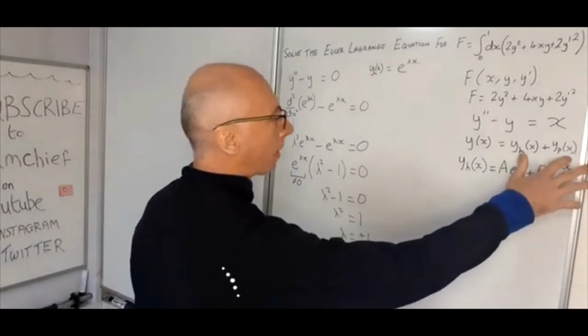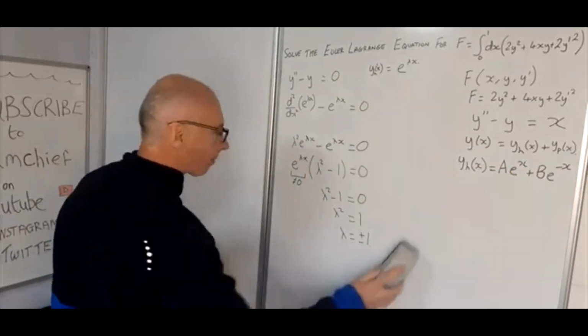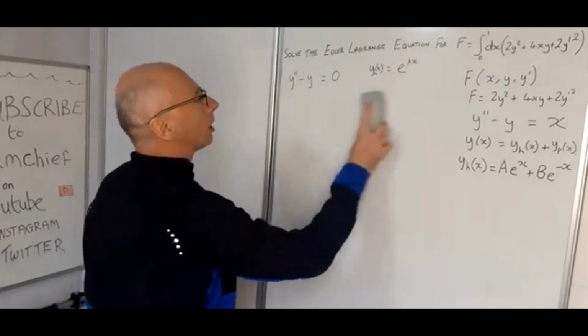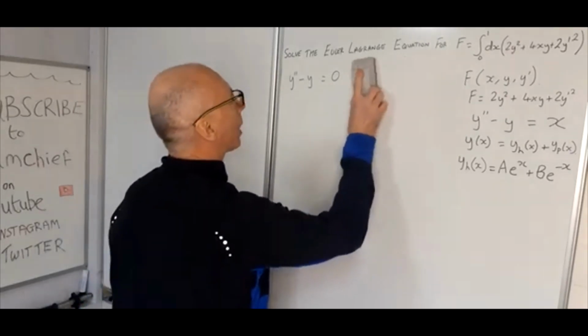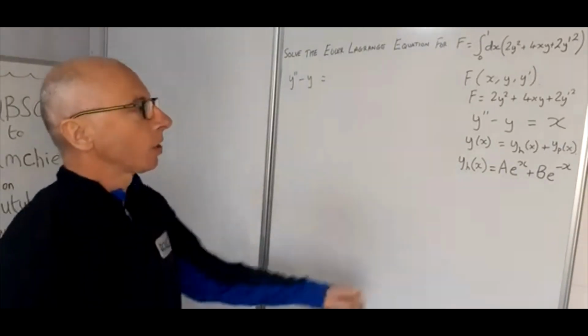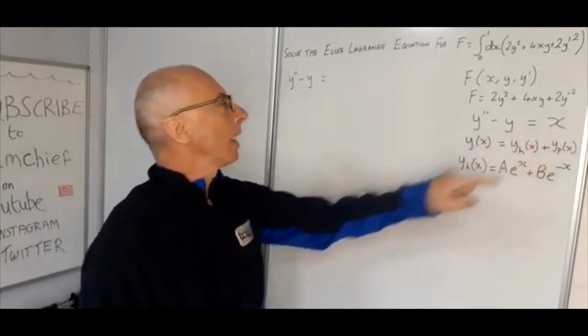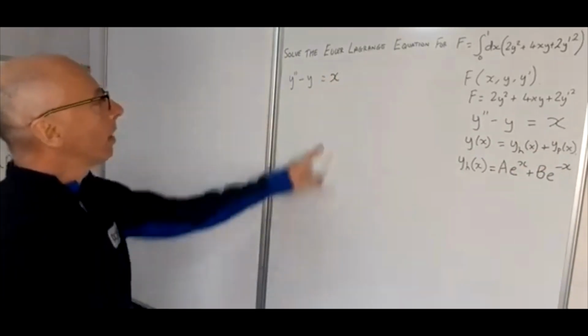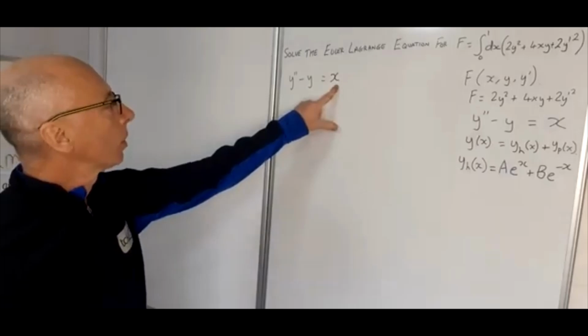So now yp of x. Let's have a look at that. So we take this off the board. I'm going to just take that off. Just take this 0 off. Because now the particular solution, we want to set it to equal x. Now x here is a linear function.